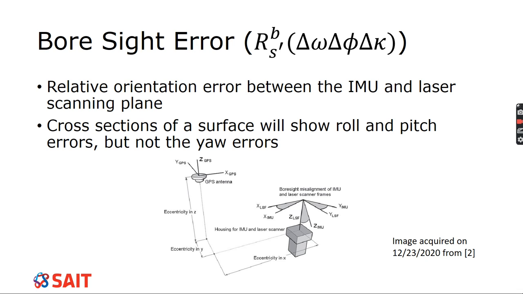Then we have a bore sight error. This is how the scanner actually scans through the lens. If things are not perfectly lined up within the scanner itself, it will cause an error. It's a relative error between the IMU and the laser scanning plane.